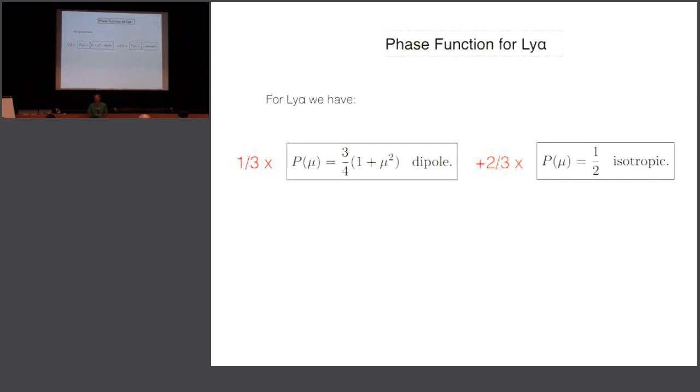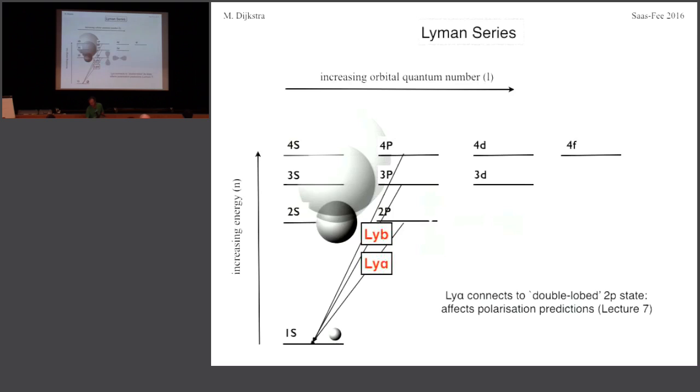But one way to see why this is the case is related to what I was talking about in my first lecture: Lyman-alpha scattering excites the 2p level of atomic hydrogen. The 2p level has these very weird double-peaked, double-lobed wave functions.